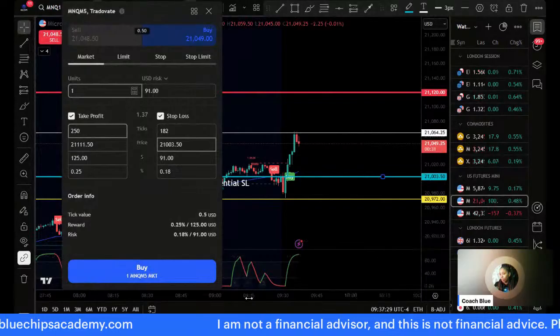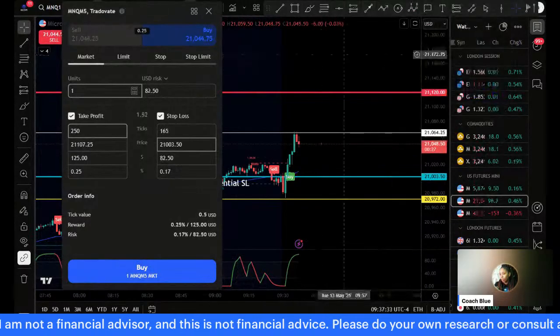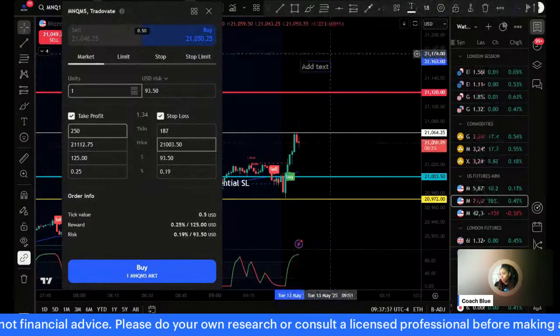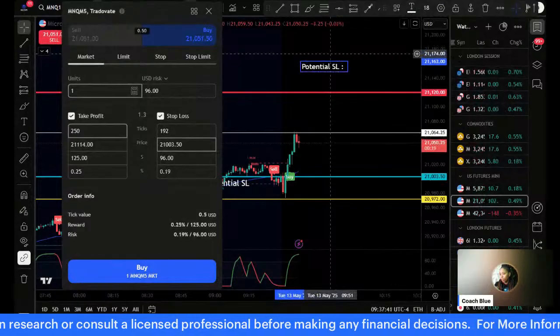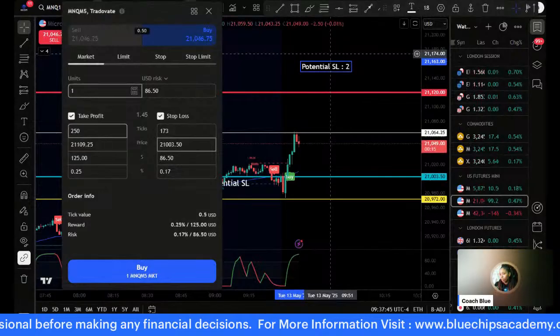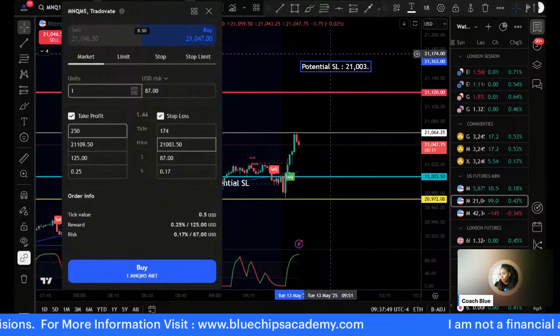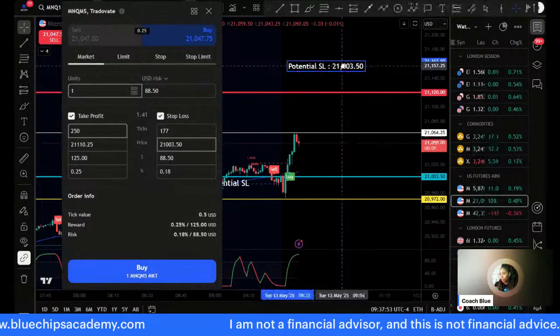I'll type that right here on the screen for you while I'm waiting for this candle to close. Potential stop loss: 21,003.50. That's the number right there for the potential stop loss.